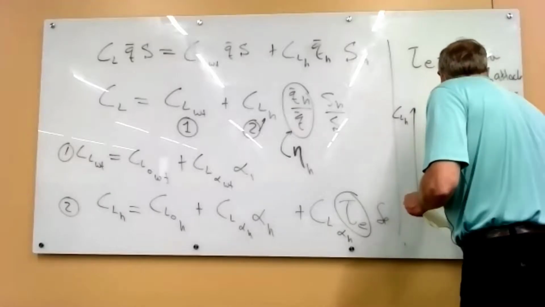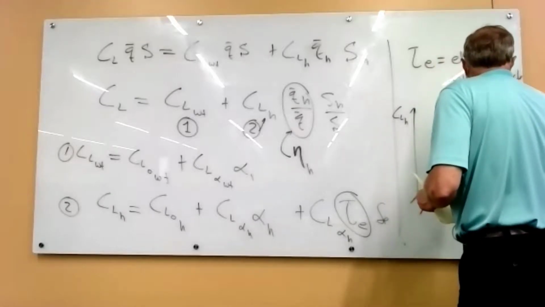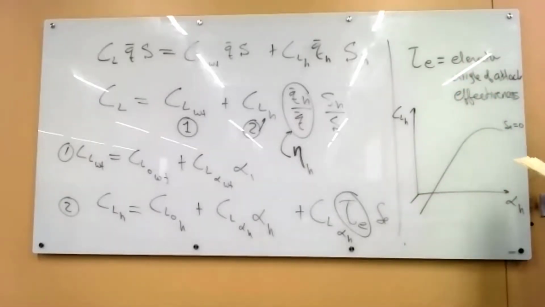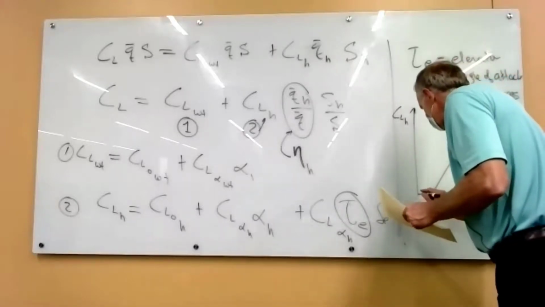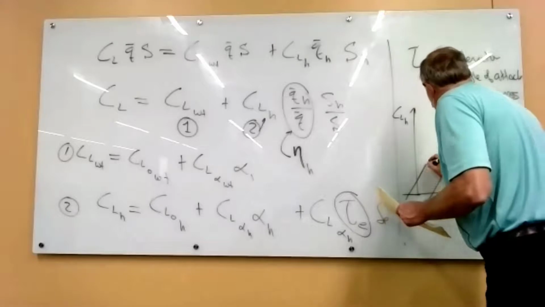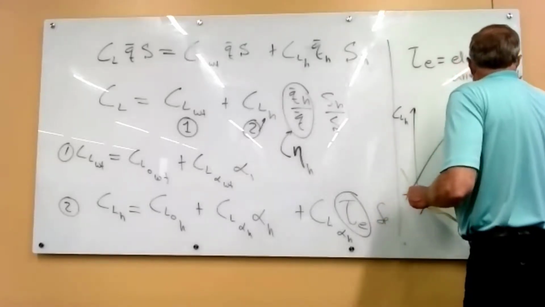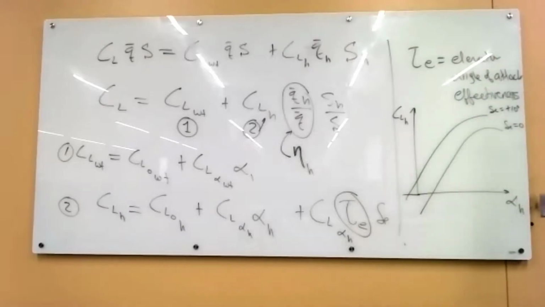So there is 0 elevator. And then we do another alpha sweep where we've deflected the elevator plus 10 degrees, which is trailing edge down, so we get more lift, right?